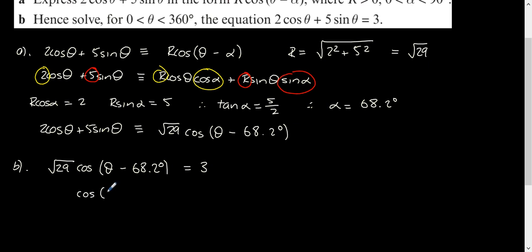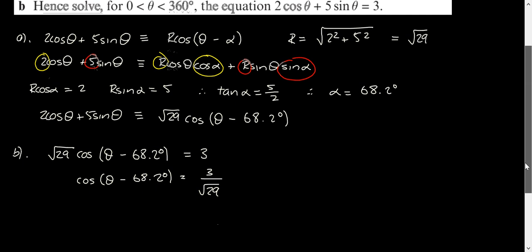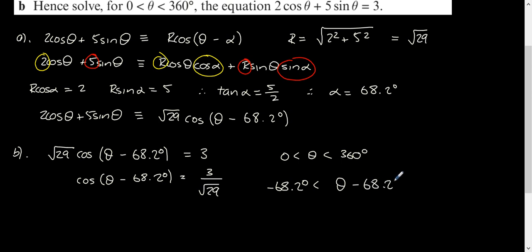So we've got cos(theta minus 68.2) is equal to 3 over root 29. Our limits, I should have written down, 0 to 360. Because we're working with an equation that's a linear function of theta, we're actually using the limits minus 68.2 up to 291.8 for theta minus 68.2.